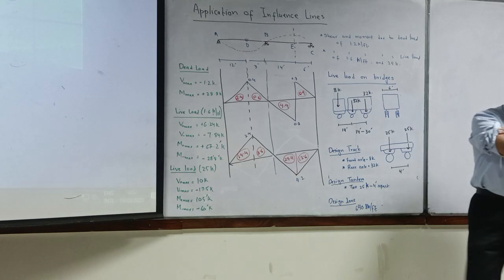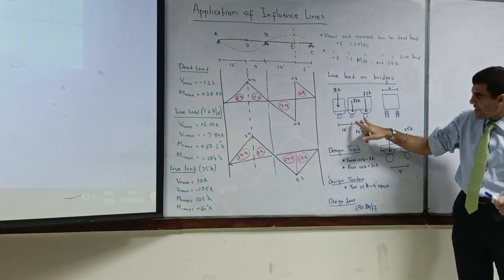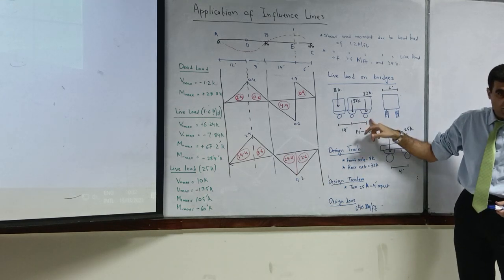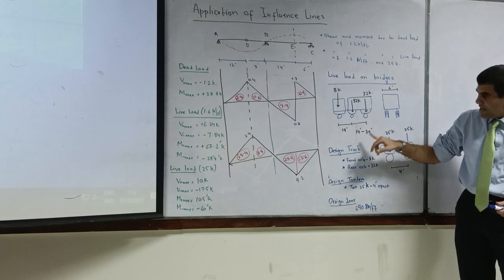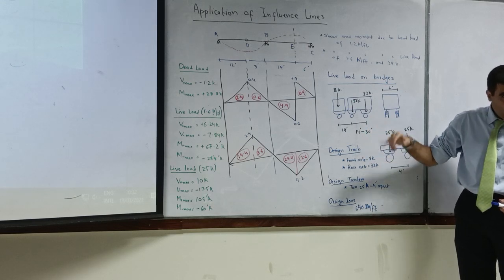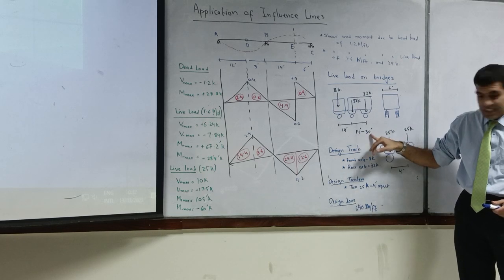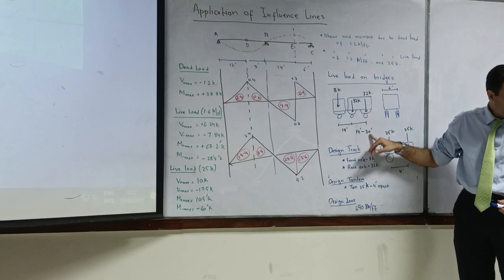The first question is how much is the distance between these two wheels? So I ask you first of all, which one will be more intensive, 14 feet or 30 feet? Why 14?